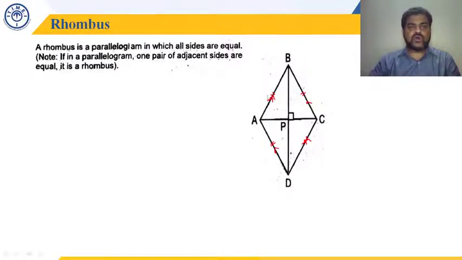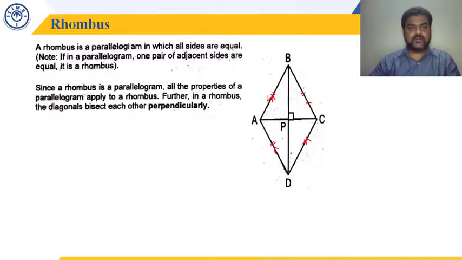So if in a parallelogram one pair of adjacent sides are equal, it becomes a rhombus. We can say that. In any parallelogram, if a pair of adjacent sides are equal, then it will become a rhombus only. Right? So all the properties of a parallelogram will apply for a rhombus also. Further, in case of a rhombus, all the sides are equal and diagonals bisect each other at 90 degrees.